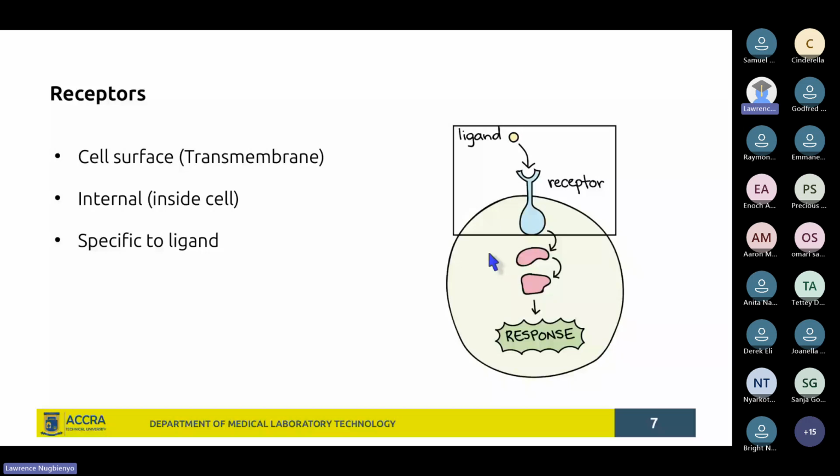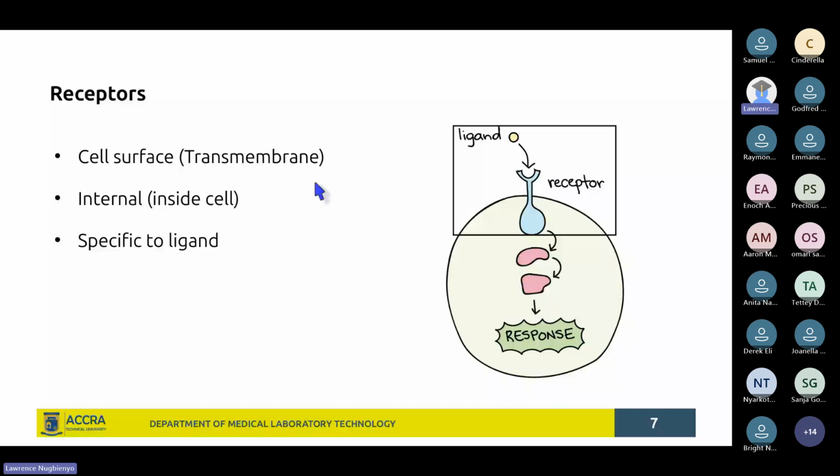So if you take, say, growth hormone, it will have its specific receptor. If you take a hormone, say dopamine, it will have its receptor. So you have different receptors that recognize specific ligands or specific hormones. So not any ligand at all will bind to any receptor at all, but they are specific to each other.